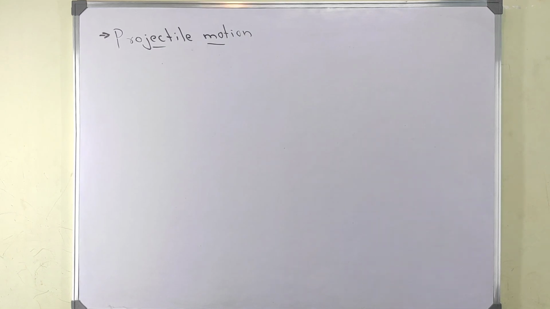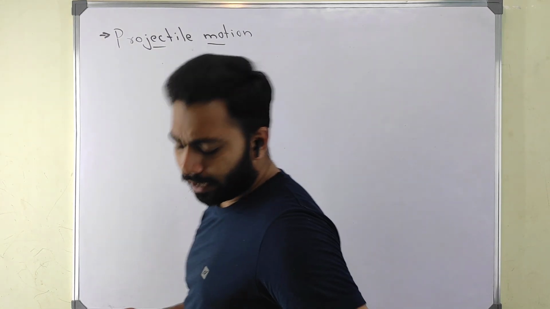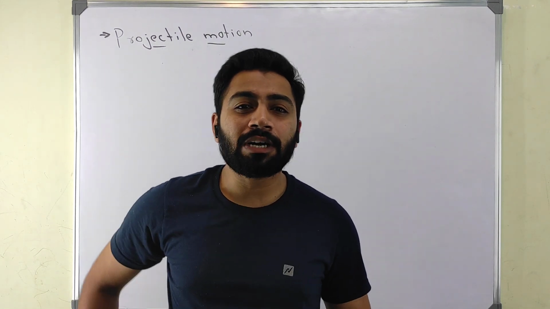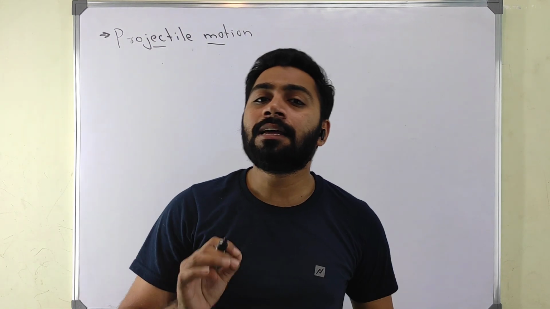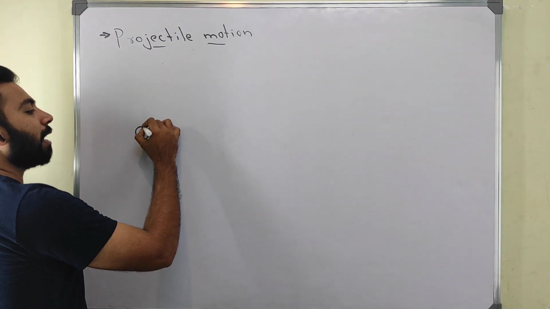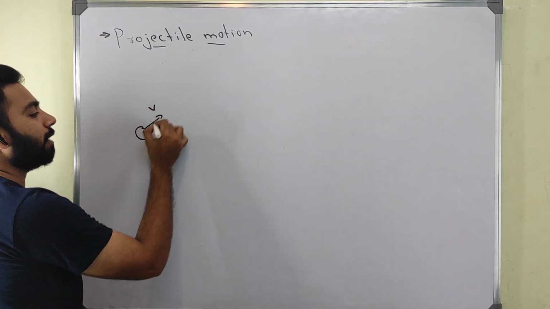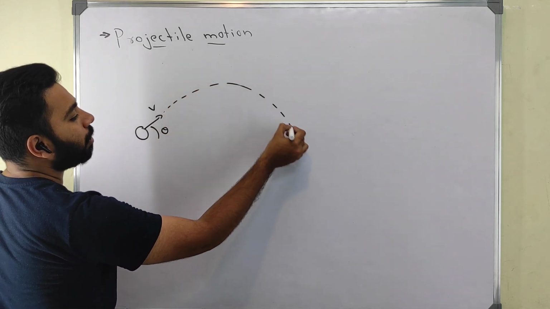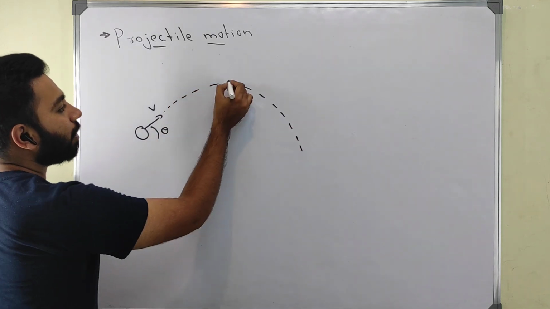Okay, see, this is change in momentum, not projectile, but we are going to discuss what the change in momentum is in a projectile, then we will understand very clearly. If a projectile is thrown with velocity v at angle theta, we know it will travel like this, and this will be its maximum height.